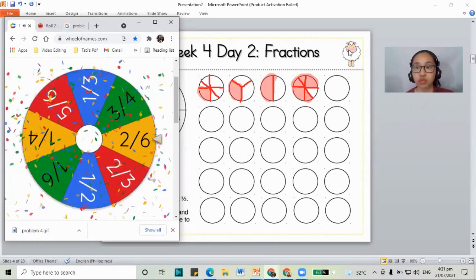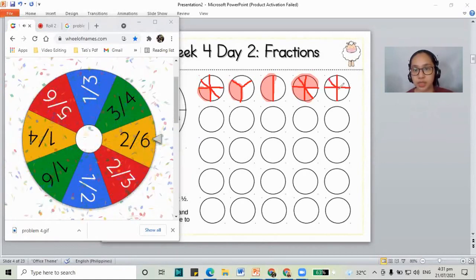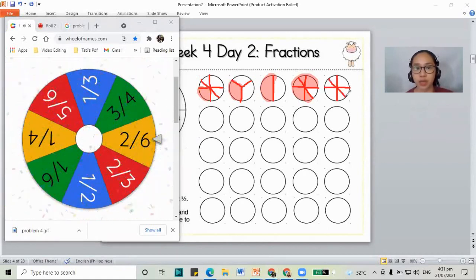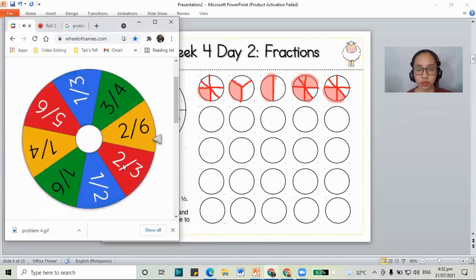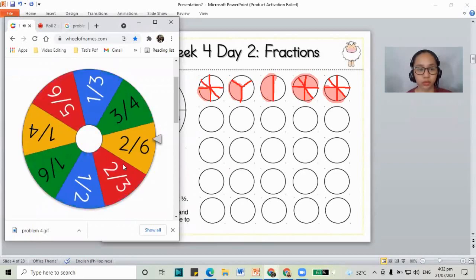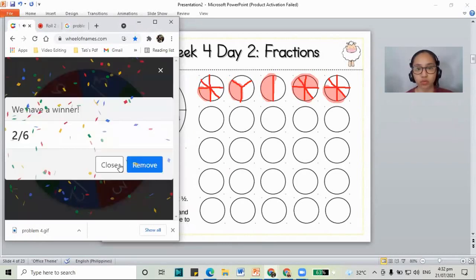We have 2/6. So let's make our pie with 6 parts and we take away 2 of the parts to make 2/6. Next, we have 2/6 again.